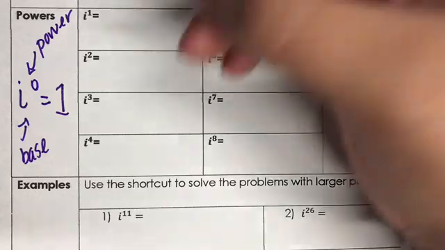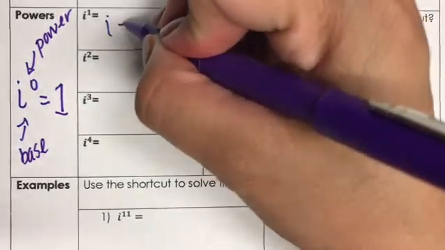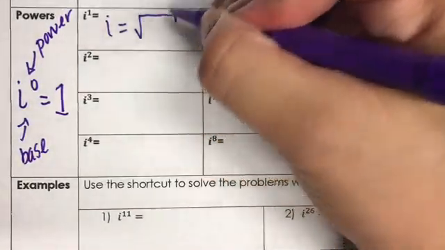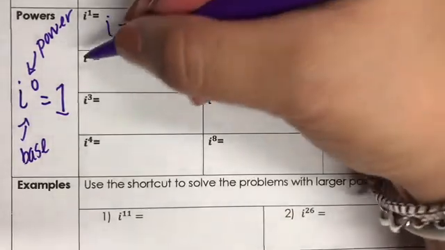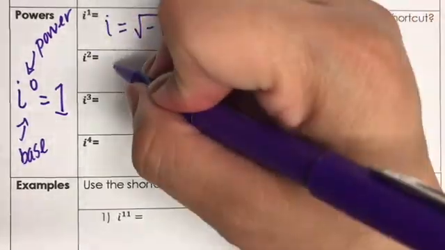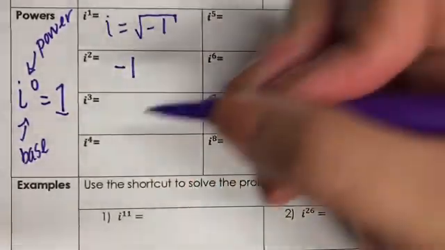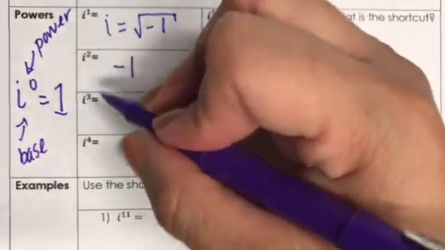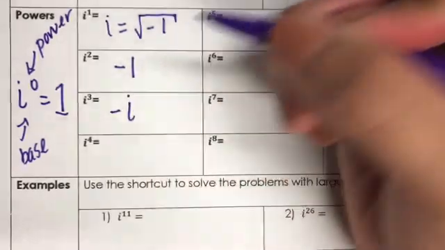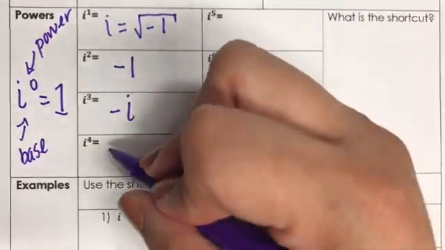When I have i to the first, we can rewrite it as i, and it's equivalent to the square root of negative 1. i to the second is equivalent to negative 1. i to the third is actually negative i, and then i to the fourth.